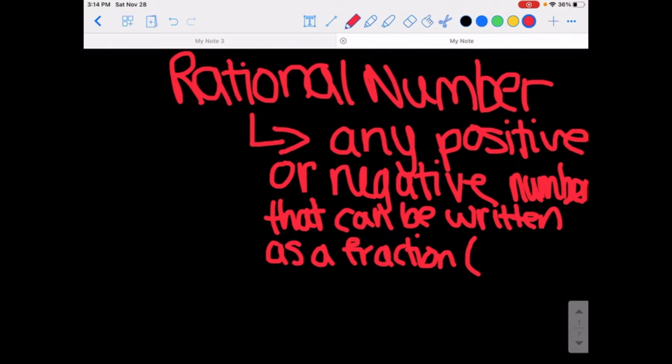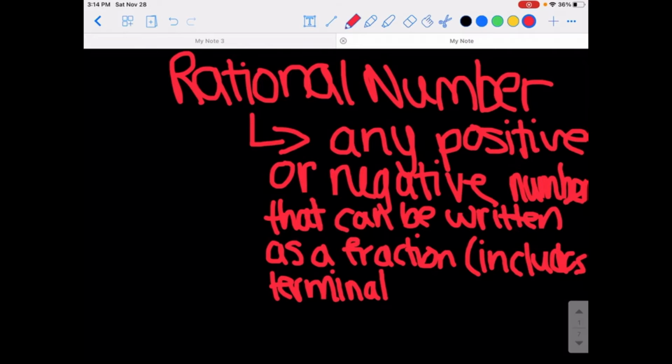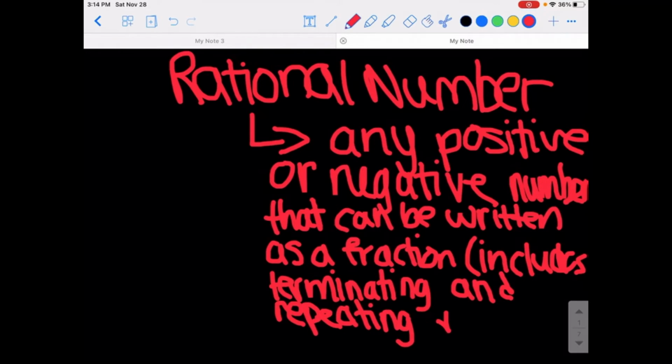And this includes terminating and repeating decimals.